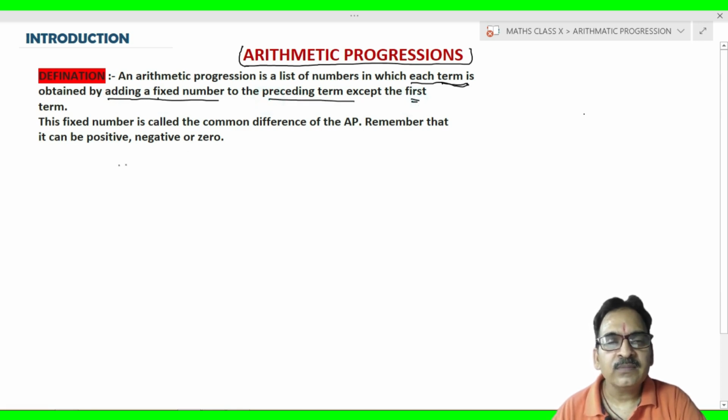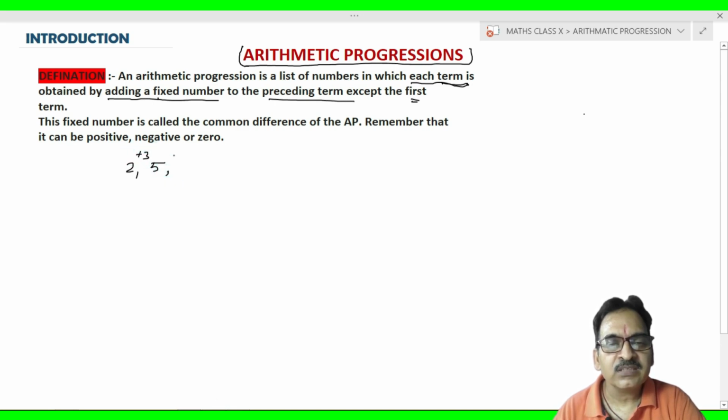Suppose we have taken 2 in the beginning and one more number we have taken, 5. So what is the definition? Each term is obtained by adding a fixed number to the preceding term. So here we are adding 3 to the first term, we get the second term.